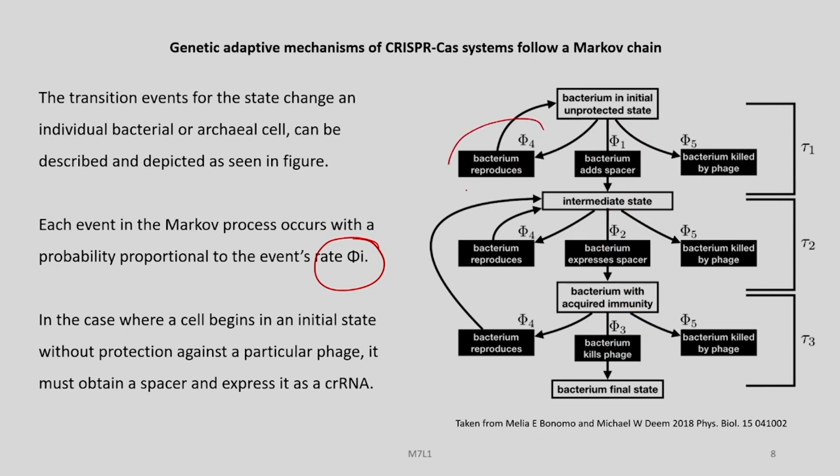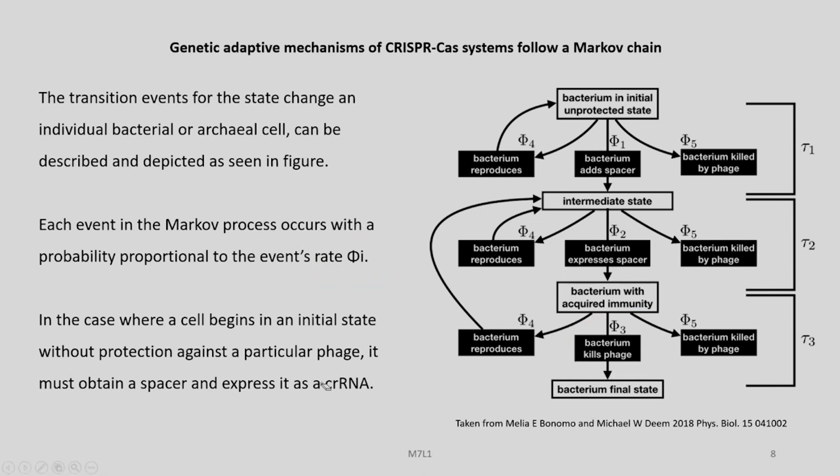Phi 4 is the event where the bacteria reproduces and survives. Phi 5 is the event in which the bacterium reproduces, but it is killed by the phage. And phi 3 is the stage where the bacterium kills the phage, which is altogether the opposite.